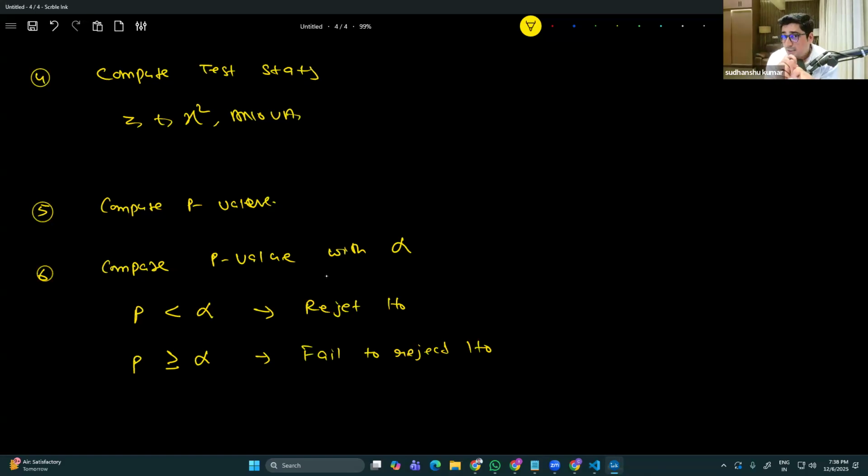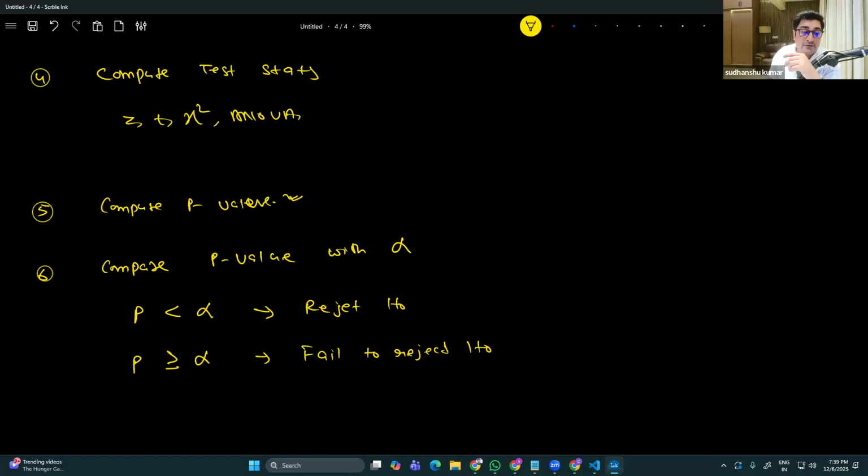The computation which I do with respect to the data set and all those tests that I run, if my probability value is greater than the risk, then we will not be able to reject the null hypothesis. It simply means that the assumption I have taken is actually a correct assumption.